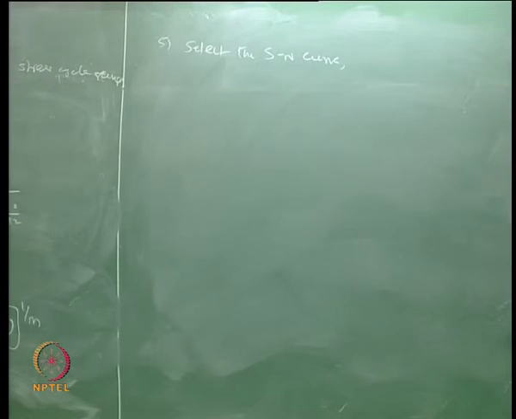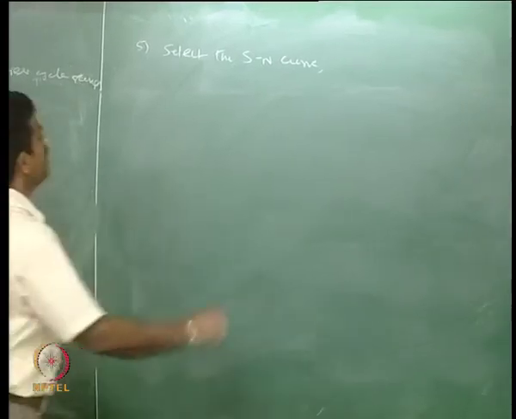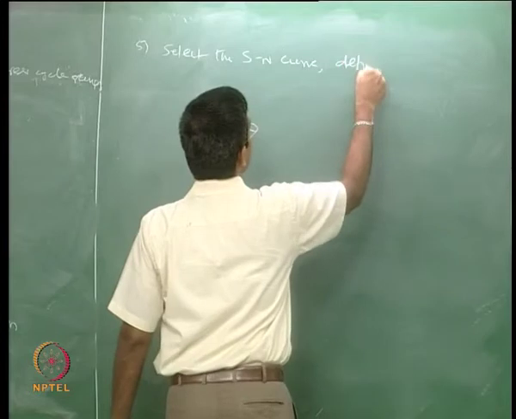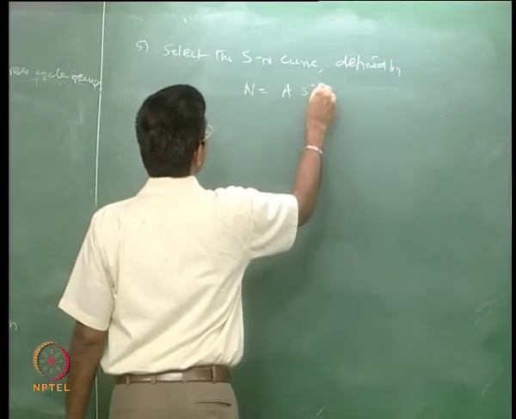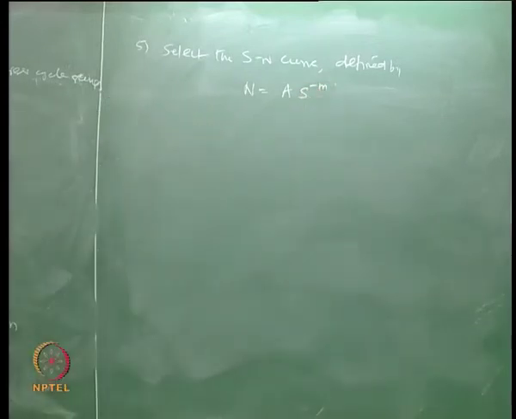Now select the SN curve. Select the SN curve defined by N is equal to A S to the power minus m.